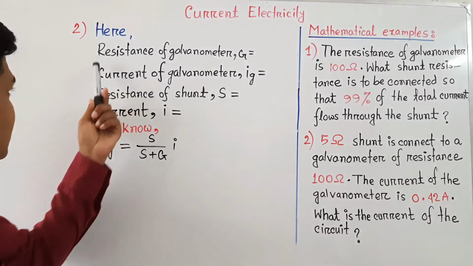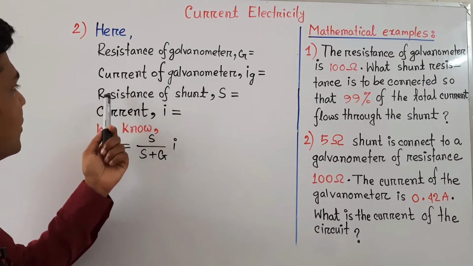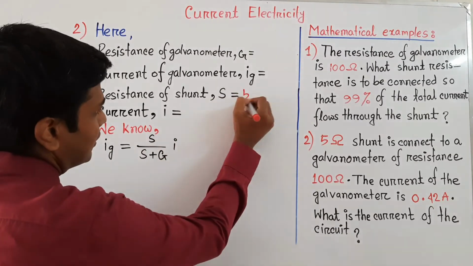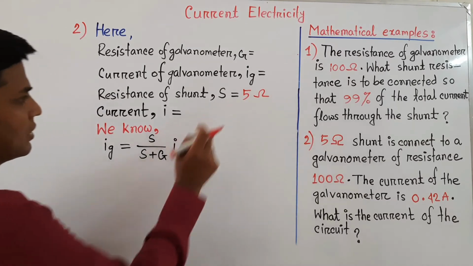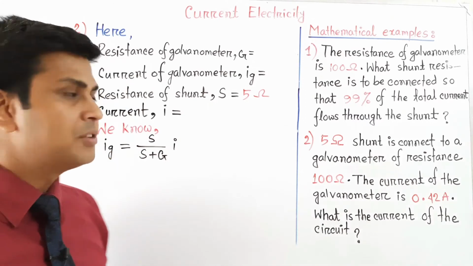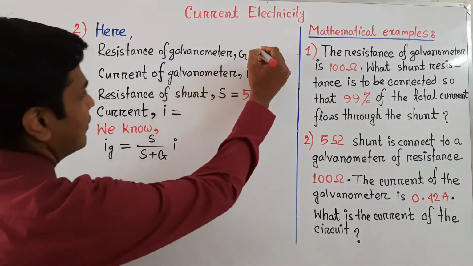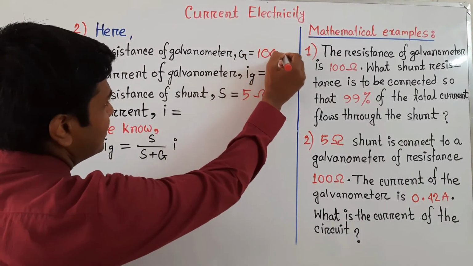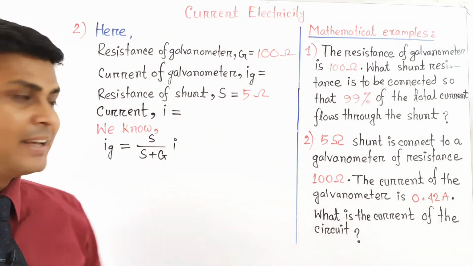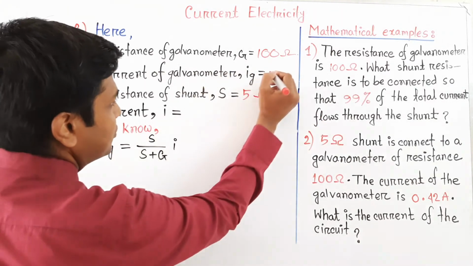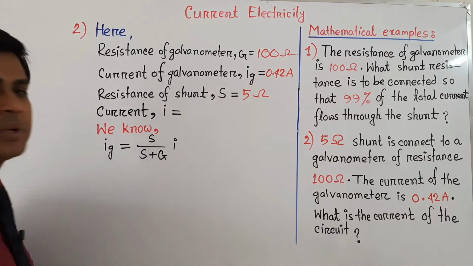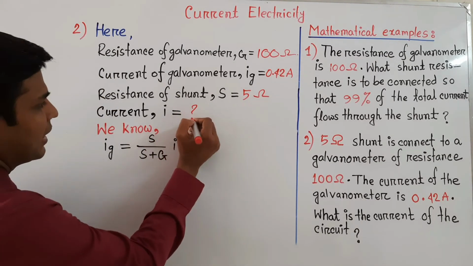The resistance of the shunt is given as 5 ohm, the resistance of the galvanometer, represented by capital G, is given as 100 ohm, and the galvanometer current is Ig, which is given as 0.42 ampere.